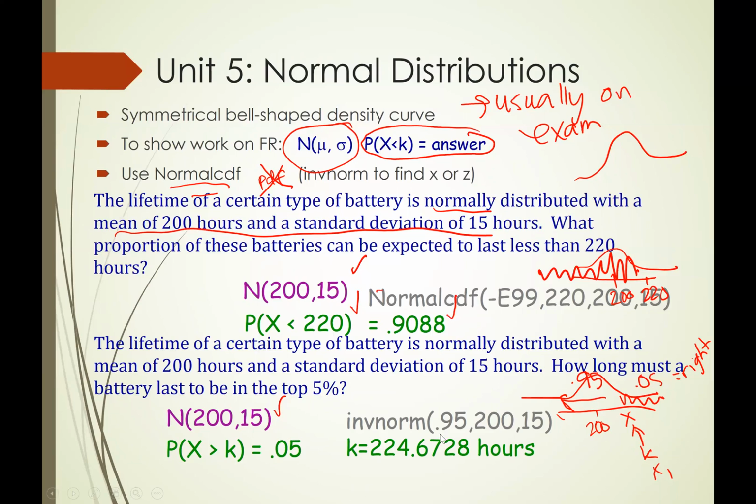When you type that in, you should get 224.6728 hours. Please make sure you're typing in these examples because you need to make sure that you know where everything is located. So remember, I'm looking for this, looking for this, I'm looking for that. I don't care about the calculator notation.